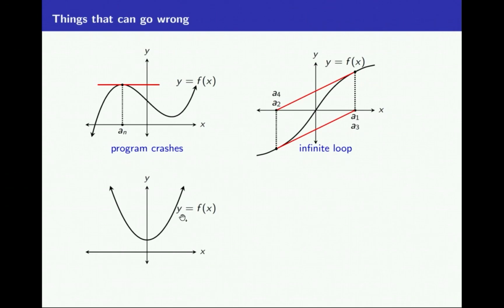Another thing you'd have to watch out for is this. Suppose you had a function like this one, where f of x equals 0 has no solutions. This graph never crosses the x-axis. And imagine that you just blindly applied Newton's method to find a solution. You made a guess of a sub 1, you got to a sub 2, you did linear approximation again, a sub 3 is there, then a sub 4 is here, and then a sub 5 is right there.